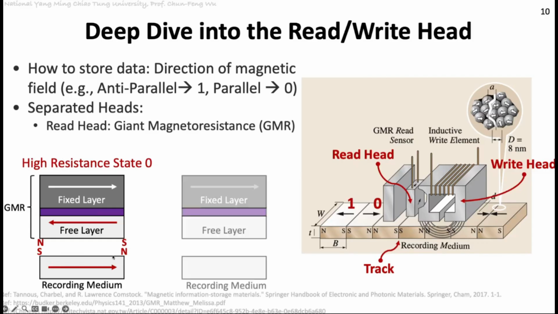At the same time, if the GMR goes to another recording medium, where N is on the left-hand side and S is on the right-hand side, we will sense the free layer. Once again, the free layer will go in this direction, and because the fixed layer uses a permanent magnet, it always goes in the same direction, from the left-hand side to the right-hand side.